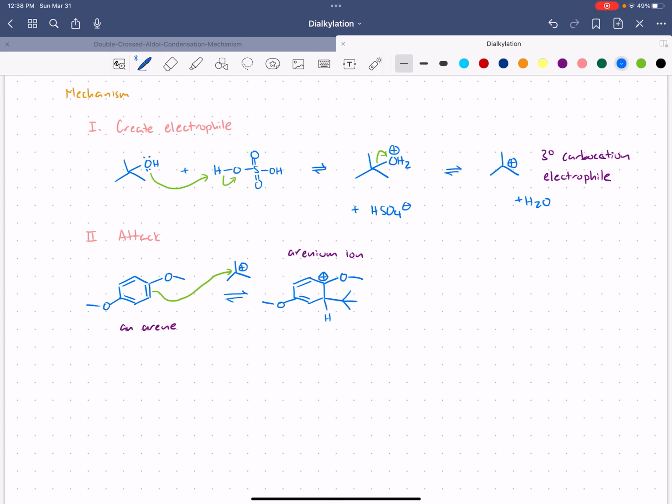We have still water in the mixture. And what happens here is we reform aromaticity. It's a little bit confusing, but in this step, we are reforming aromaticity.